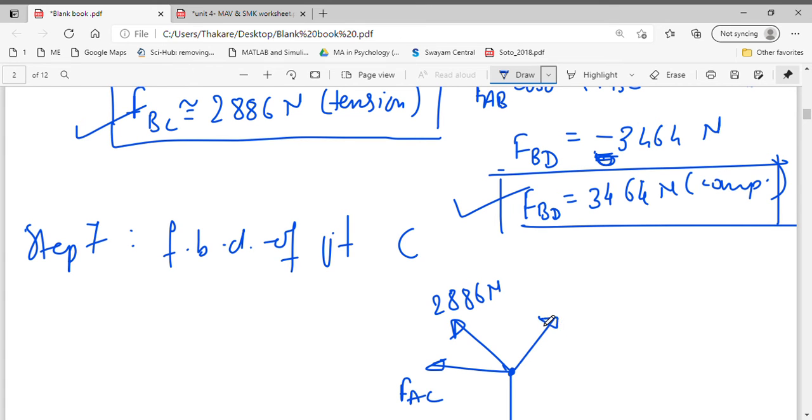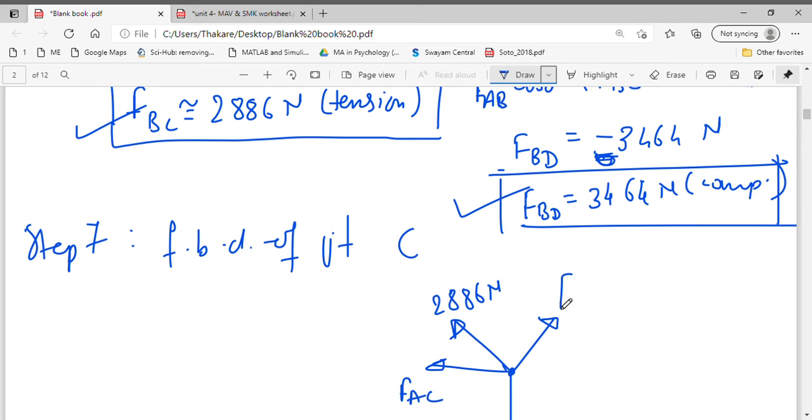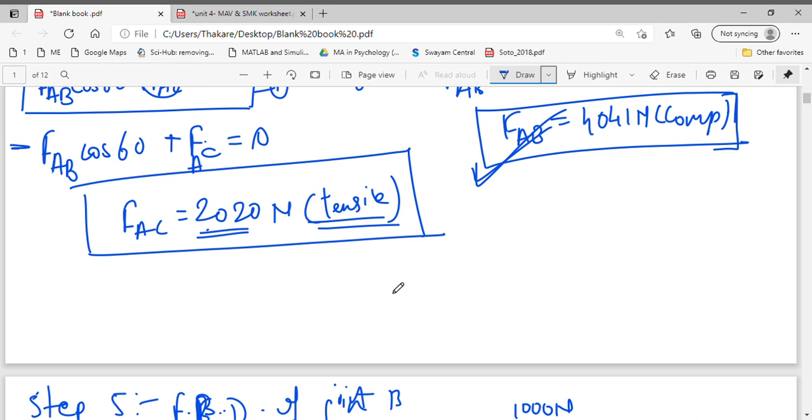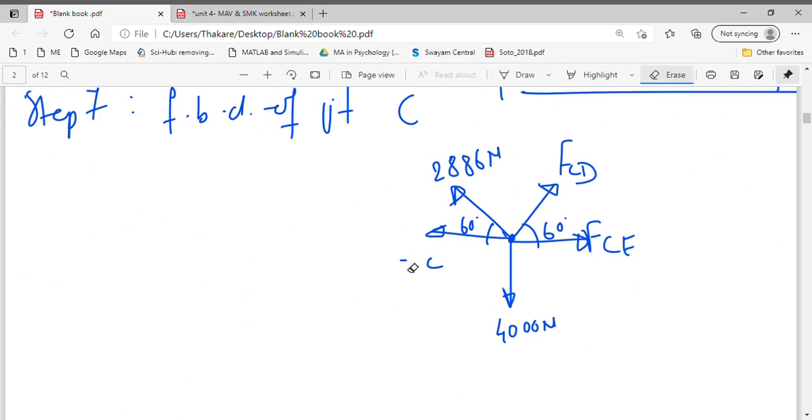This is unknown force CD, and this is unknown force CE. This is making an angle of 60 degrees, and this is making an angle of 60 degrees. Right? The value of FAC was 2020 newtons, so we will write 2020 newtons. Now we have to apply conditions of equilibrium.